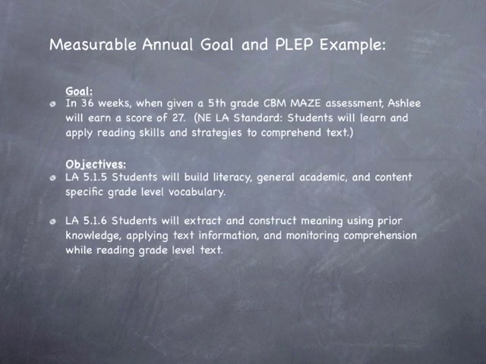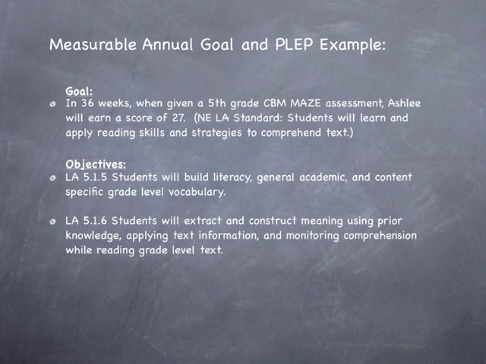And then this is an example of a goal that we might write for Ashley. In 36 weeks, when given a 5th grade CBM Maze assessment, Ashley will earn a score of 27. Again, we've listed the Nebraska Language Arts Standard behind that, and then we drilled down and found some objectives that we felt would link directly to this goal.